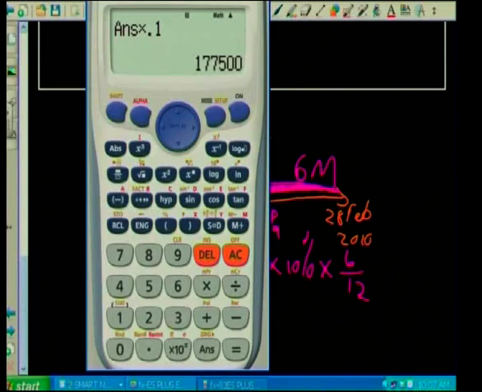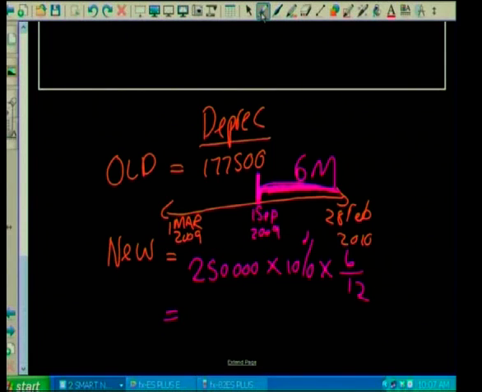So 250,000 times 10%, and it's for 6 months, I'm dividing it by 2 to get depreciation on this new equipment, 12,500. So let's write that down, 12,500.